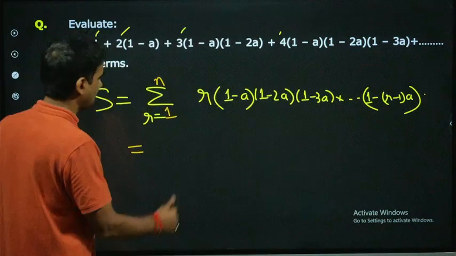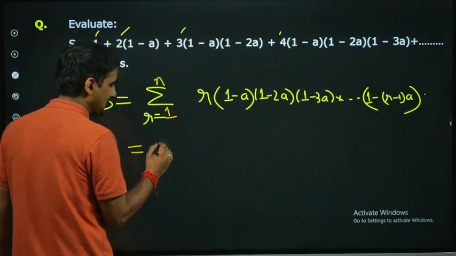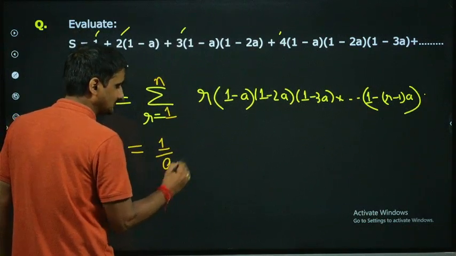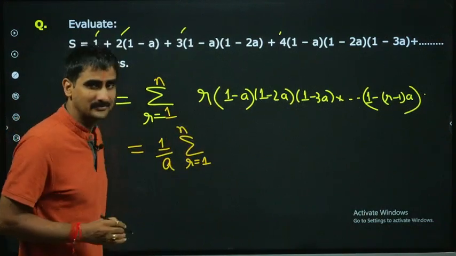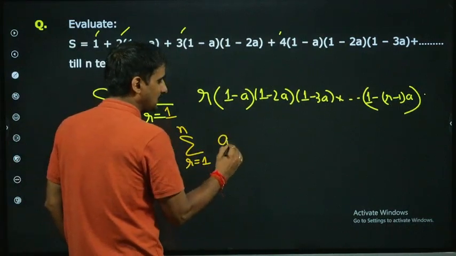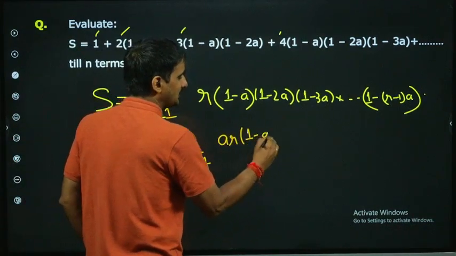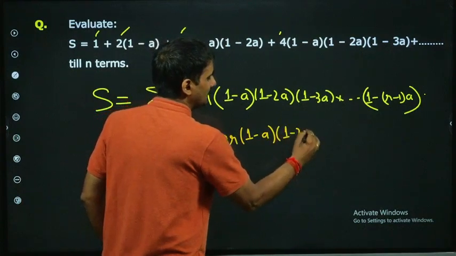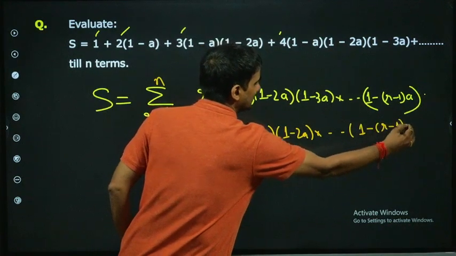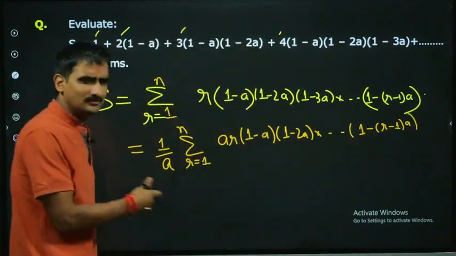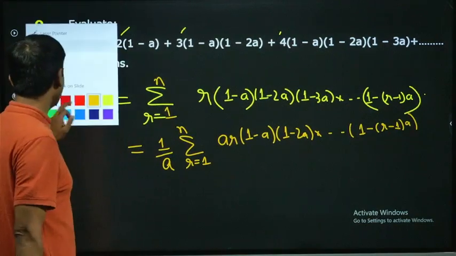So then what I finally tried was to multiply and divide by A. I will say it just struck my mind all of a sudden. So we will get AR into 1 minus A into 1 minus 2A. And of course, since A is a constant with respect to the variable of summation, that is R, we can keep it out in the denominator.